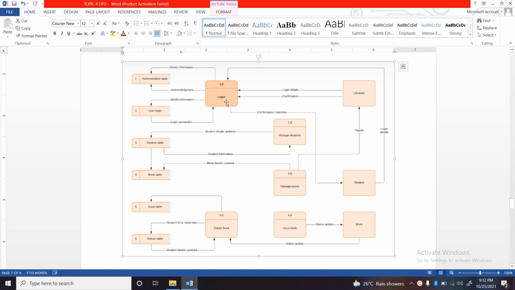And we also have this login. Okay, and then we also have data store. So the data stores can be the tables of your database. So here on our sample, the data stores are administrative table, user login, student table, and then a book table, issue table, and then the return table. So those are the examples of our data store.